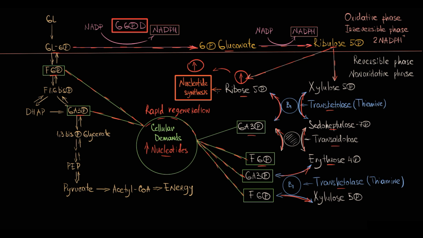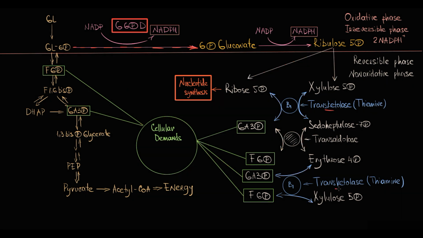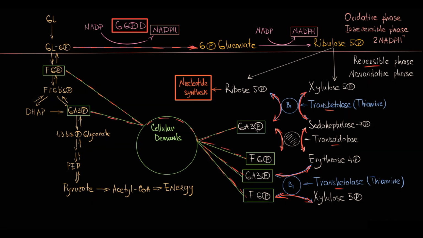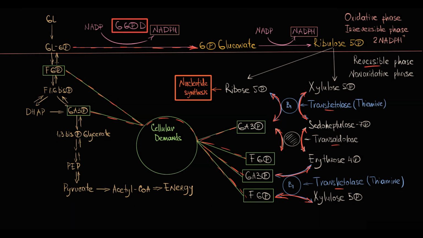So as we see, because transaldolase and transketolase enzymes catalyze reactions in both directions, the non-oxidative pathway is called the reversible pathway, and this feature provides extremely high mobility of glucose metabolites in the cytosol. So at any time transketolase and transaldolase can shunt metabolites from glycolysis into the oxidative pathway or into nucleotide synthesis.